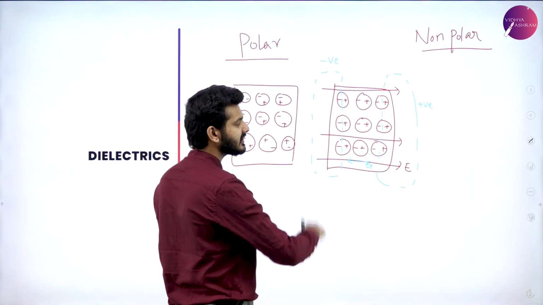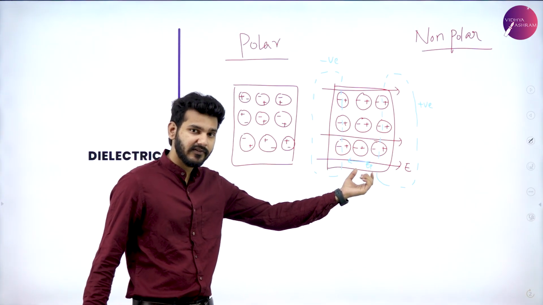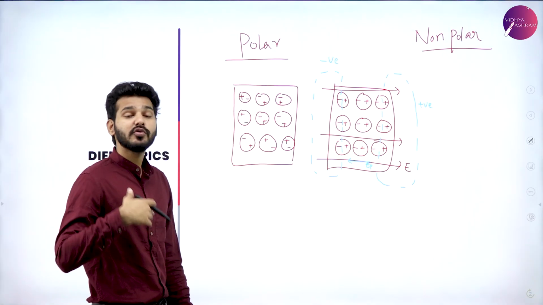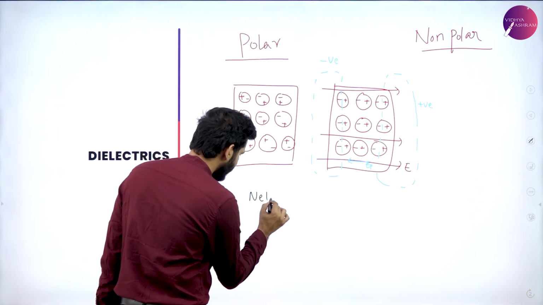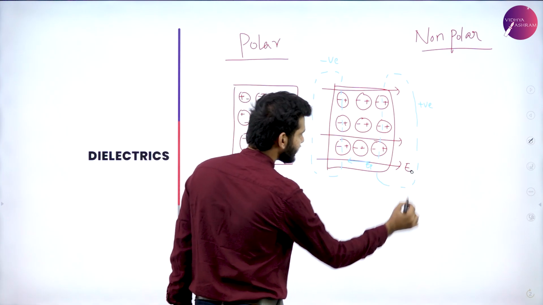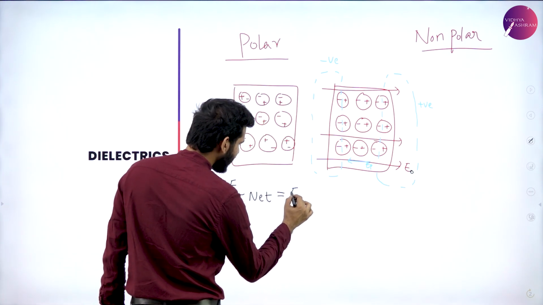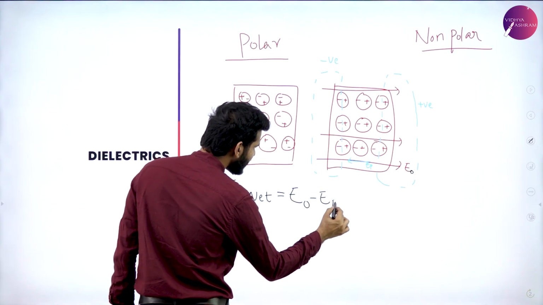Let's say E0 is the external electric field. Then the internal electric field due to polarization will be in the opposite direction. So we can actually say that net E, or E net, will be equal to, let's say the external electric field is E0, then the net electric field will be equal to E0 minus EP.